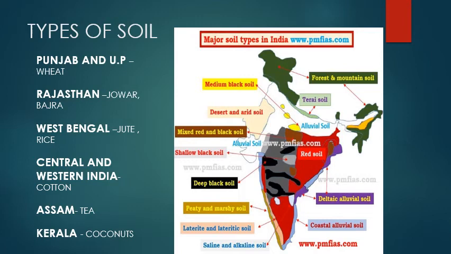The black soil of central and western India is best for the growth of cotton. Assam, Darjeeling and Nilgiris have got moist soil and this soil is good for growing tea. The soil of the coastal areas of Goa and Kerala is suitable for growing coconuts.